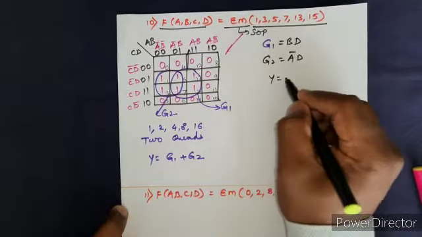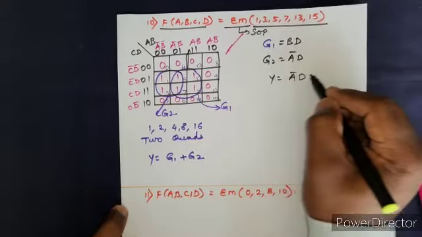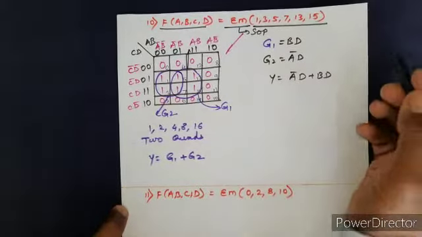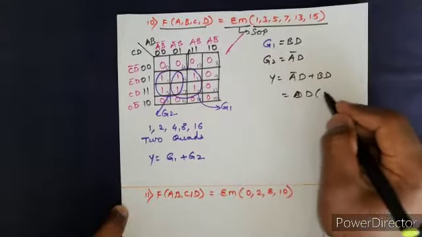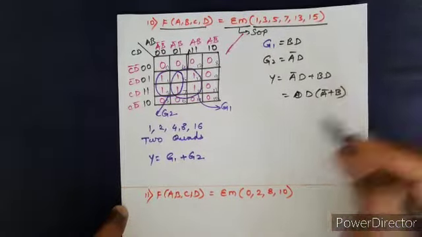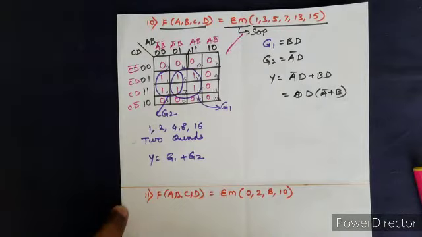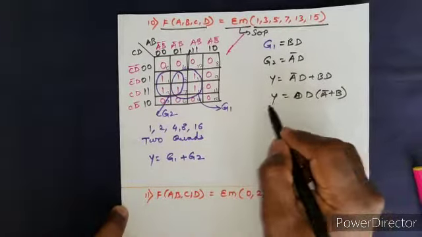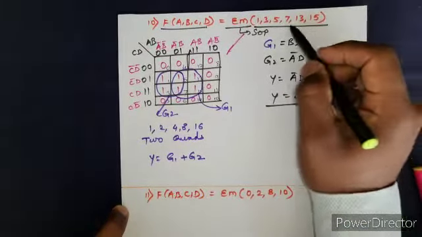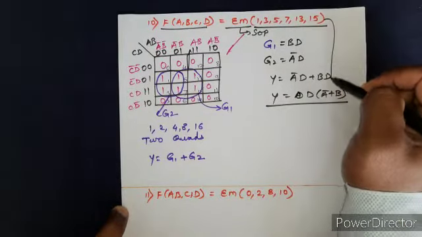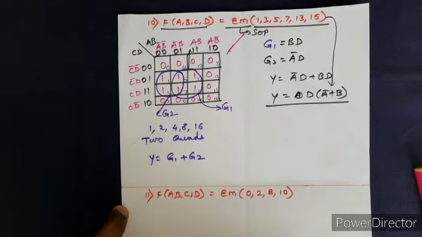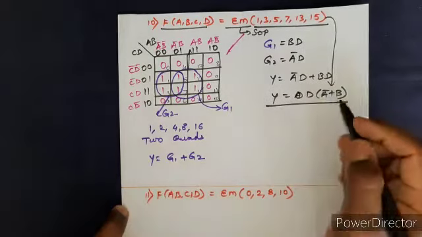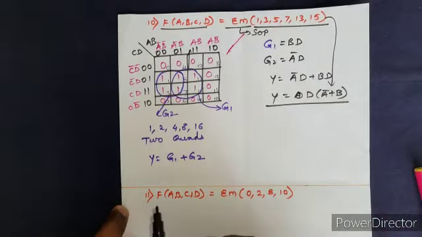So my Y equals A bar D plus B D, right? So we can again write D in bracket A bar plus B. Okay, so you can see a big equation is very quickly and in a simple form reduced to this expression.